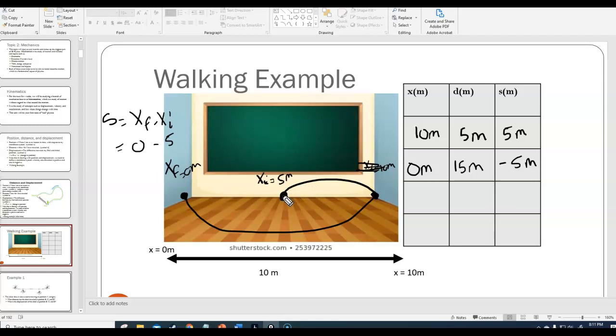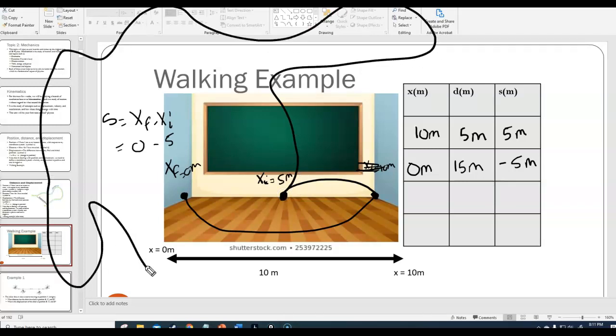In other words, if I had started in the middle of the room, and let's say I went on an epic journey all the way around here, something like this, and I ended up over here, my displacement would still have been negative 5 meters. Okay, the only thing that matters for displacement by definition is the initial position and the final position.